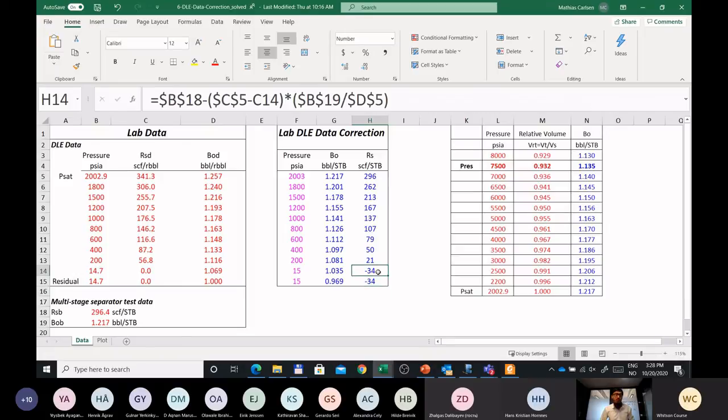So yeah, because these correlations or these equations are just empirical, you may end up getting these negative answers. That's why it's always safe and always consistent to use the equation of state model to generate black oil tables. And that's something we will see on day 5, how we can use equation of state models to generate black oil tables.